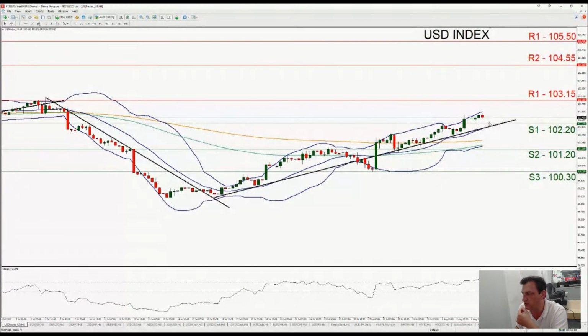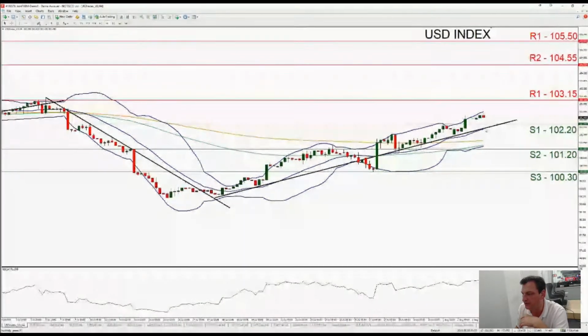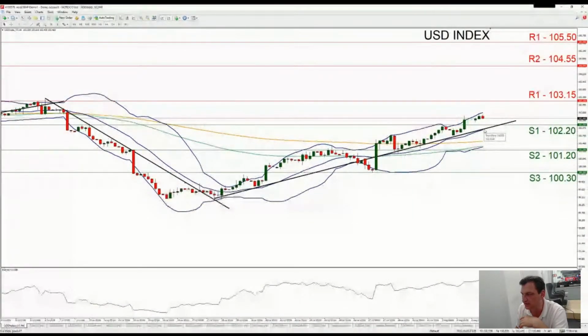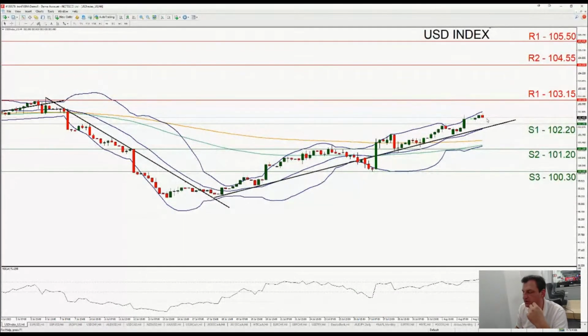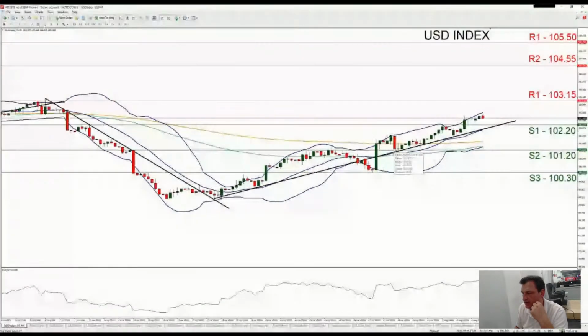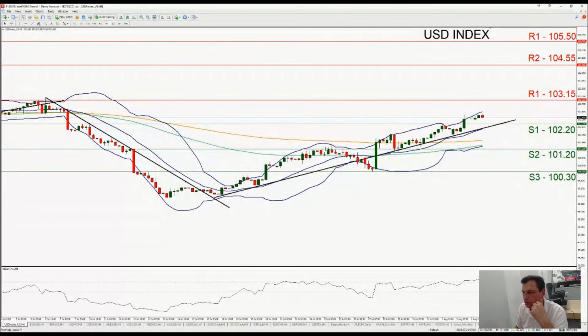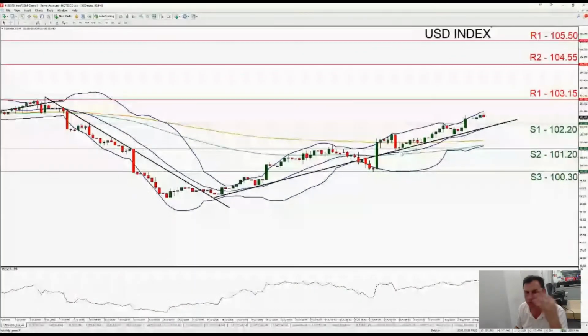And once that's broken, I would also require the breaking of the upward trend line, exactly signaling the end of the upward movement. But I would also require the index to drop substantially, reaching maybe even the 101.20 support level, a level which provides support here and resistance here. So it had been tested on both ends of the aisle.